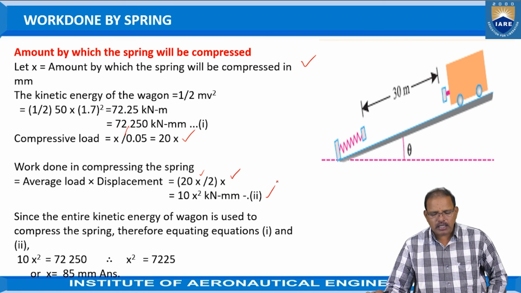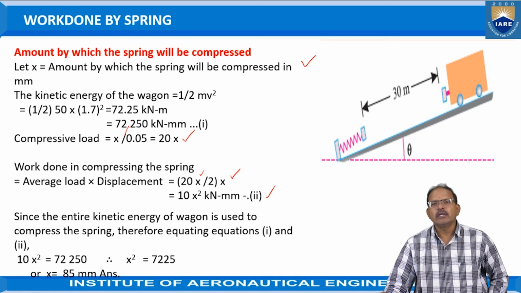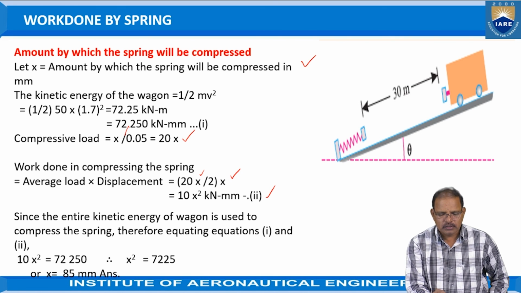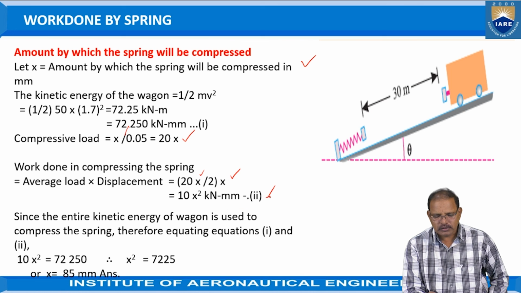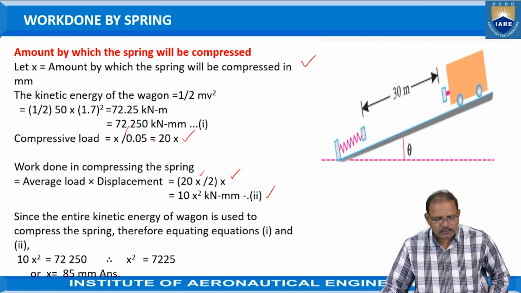Since the entire kinetic energy of the wagon is utilized to compress the spring, in other words this kinetic energy is converted into potential energy within the spring, equating equation 1 and 2 we get 10 x square is equal to 72,250.